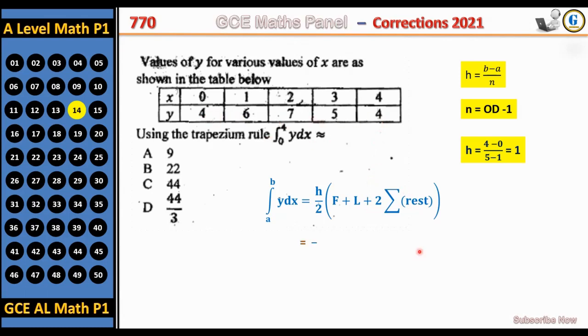So this is giving us 1 over 2 into 4 plus 4 plus 2 times 6 plus 7 plus 5. 6 plus 7 is 13, plus 5 is 18. 18 times 2 is 36, plus 4, 40, plus 4, 44, divided by 2 is 22. So our key here is B.